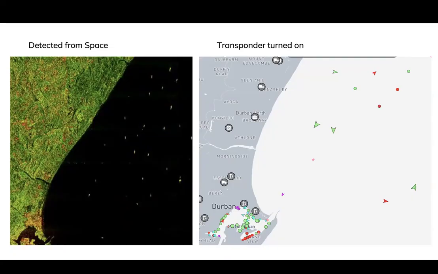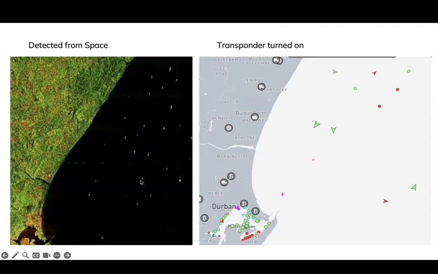This data is then received on the ground in a control room, and the team there compares what we are detecting with who has actually got their transponders on. They can say, wow, look over here, we've got this chap who doesn't appear to have his transponder on.